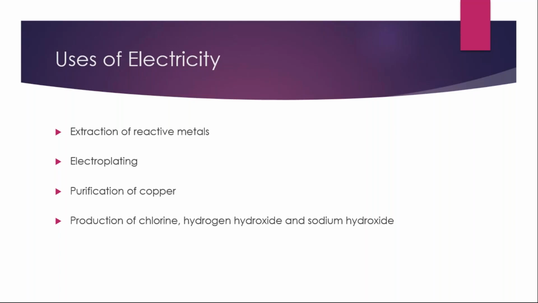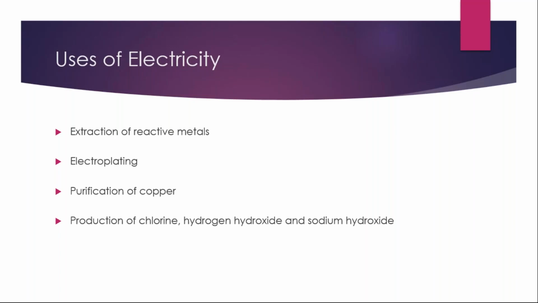So chlorine can be manufactured by the electrolysis of sodium chloride solution, while in the production of chlorine, the co-products are usually the sodium hydroxide, which is the caustic soda, and also the hydrogen gas. These are things that are being produced as byproducts during electrolysis.